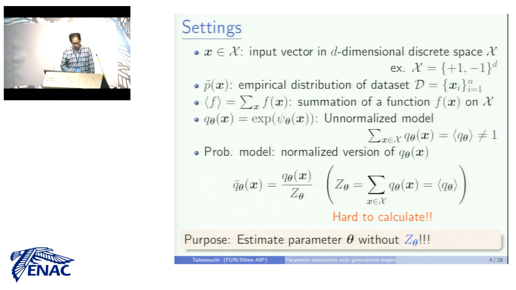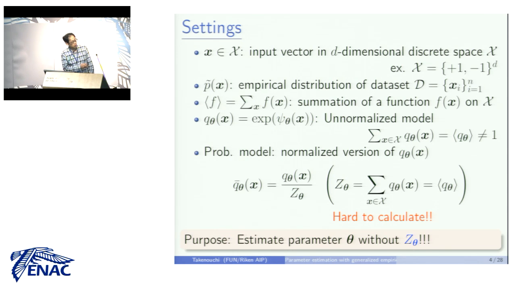So, okay, this is a setting of the problem. X is some input in a high-dimensional discrete space. For example, this is a binary d-dimensional vector, and P tilde is an empirical distribution of the data set. And this bracket of f is the summation of the function f on the whole domain X. And this Q theta is an unnormalized model.